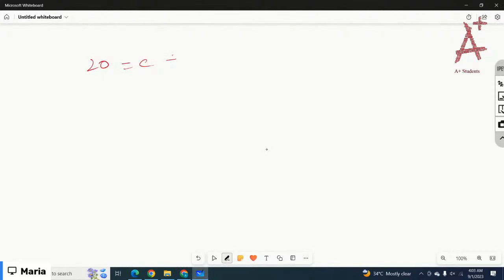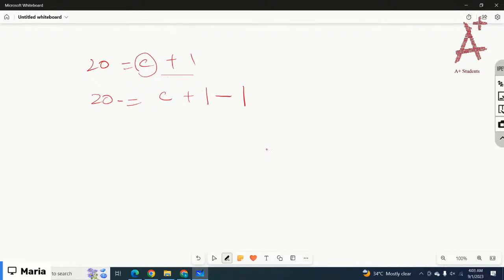20 equals c plus 1. Basically, you have to calculate the value of c, right? C is the variable here. First of all, you have to remove that 1 from here. So 1 is adding to c, and the opposite of addition is subtraction.